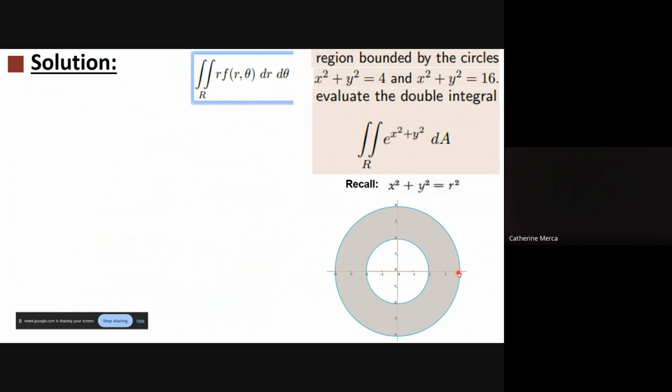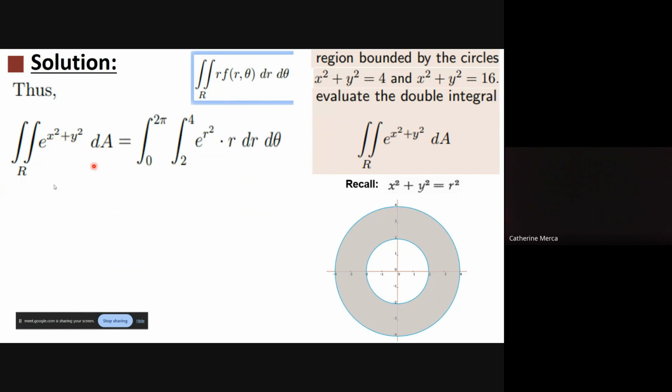Okay, so we can rewrite our double integral of e to the x squared plus y squared dA as e to the r squared, you replace x squared plus y squared with r squared, and you have your function f of r theta, and you have your r dr d theta. R is from 2 to 4, and theta is from 0 to 2 pi.